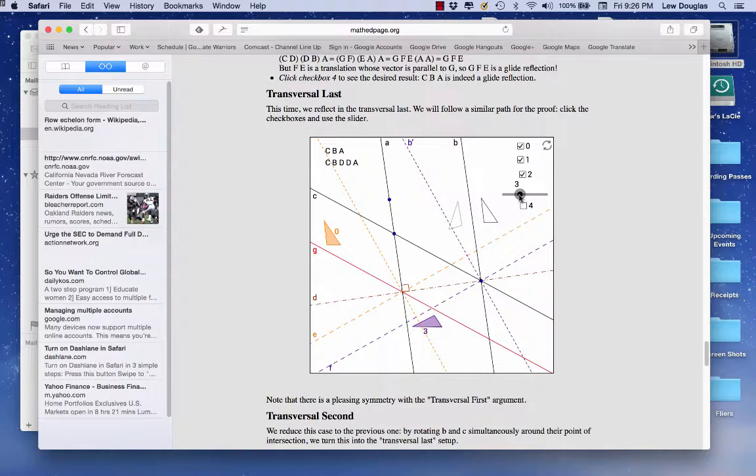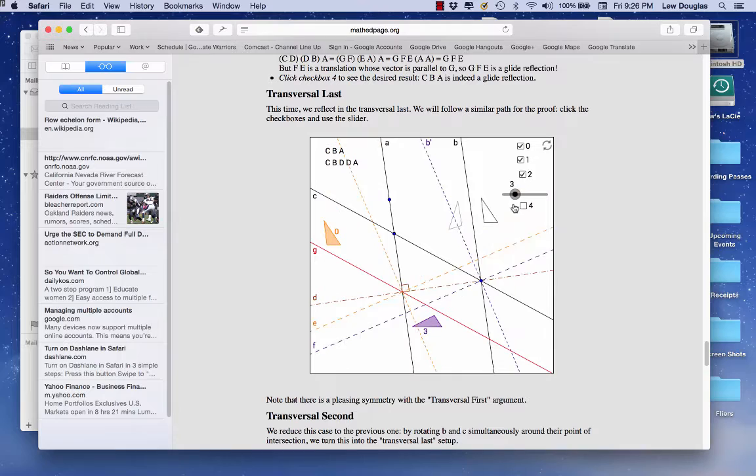How far should we rotate? Watch B prime. We're going to rotate until B prime coincides with C. So the image of B coincides with C. We're rotating the second of the parallel lines onto the transversal. And at the same time, that rotates A. Let's go back a minute and see what's going on.